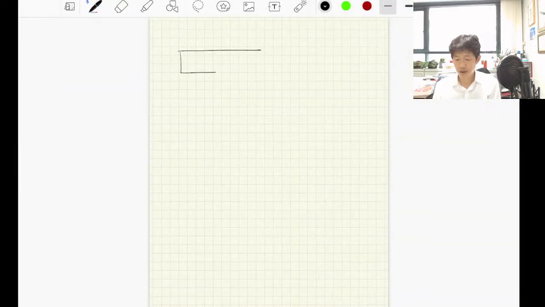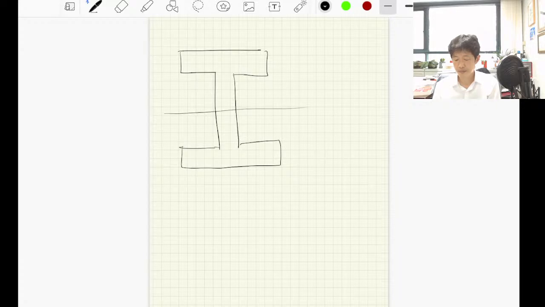Say we want to calculate the first moment for this, and this is y. The definition of first moment is Q equal to the integral of y dA. So we still use the mean value theorem, the area of the section.